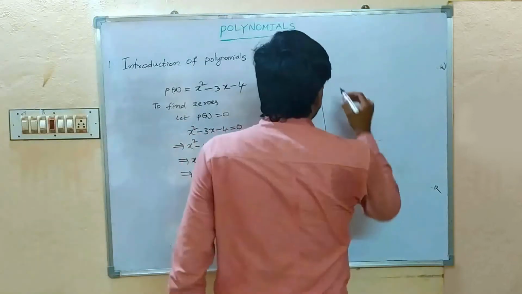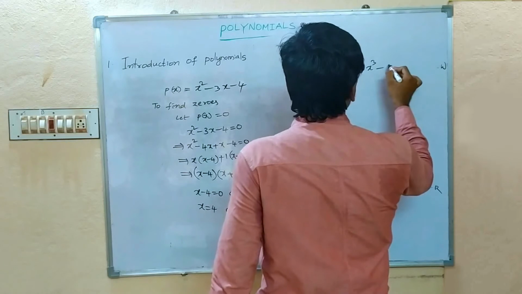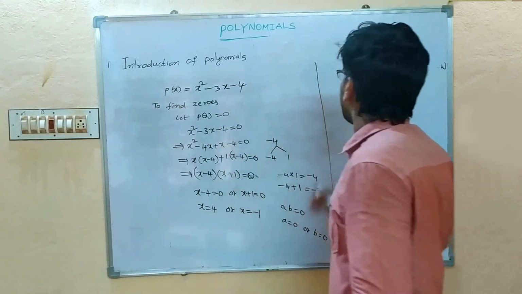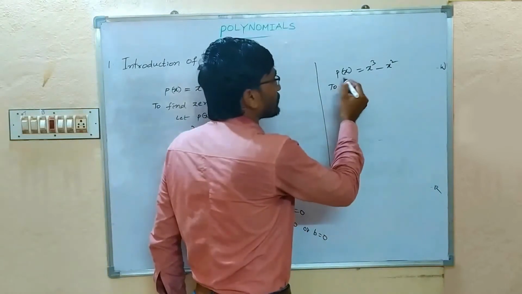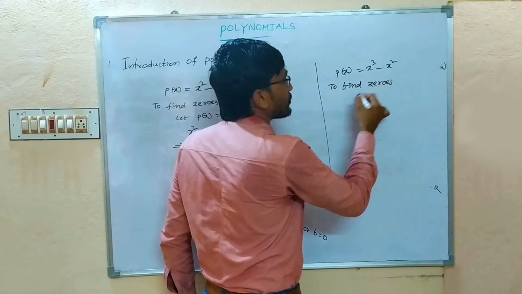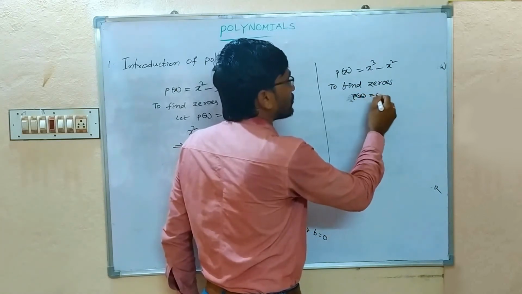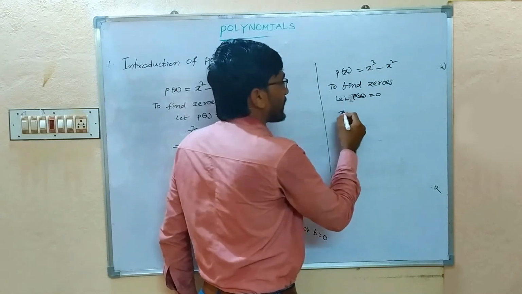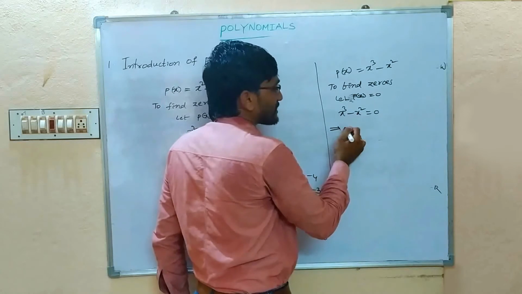Like that, if you consider a cubic polynomial, for example x cube minus x square. To find the zeros, let p of x equal 0. So x cube minus x square equals 0. In these two terms, the common value is x square.